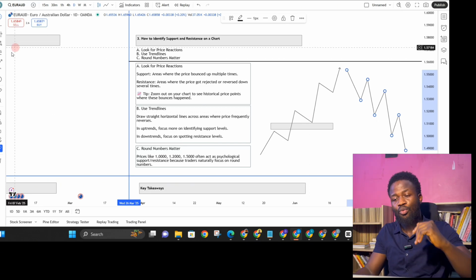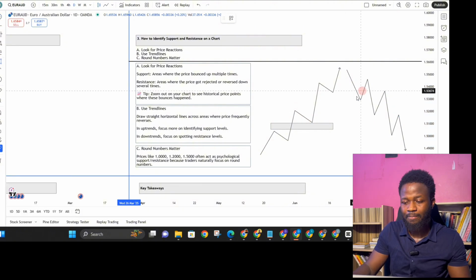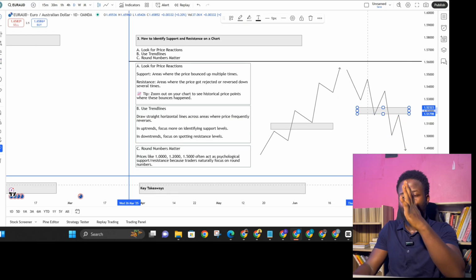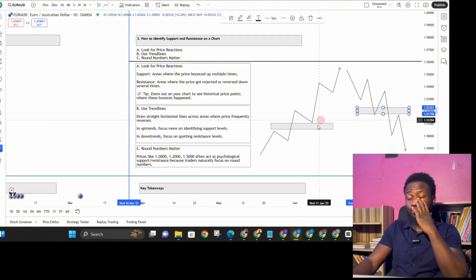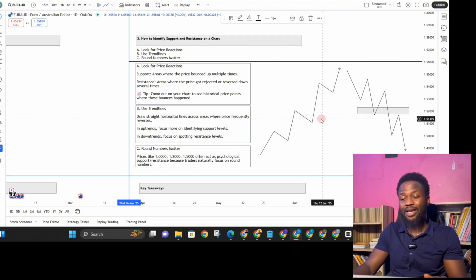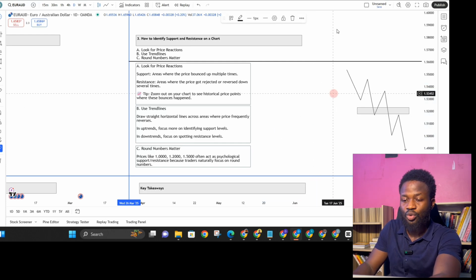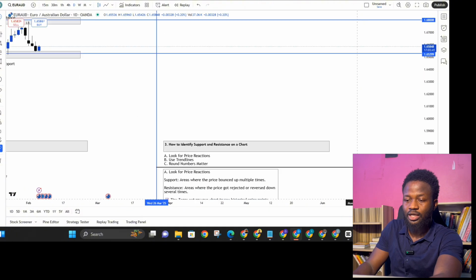When it's coming down, we are concerned about resistance areas. So it could be here, because this place is resisting it from going up, it goes there, bounces off, right? So that's what we'll be concerned with depending on the trend. Let me go to the market and try to identify these areas for us so that you understand better.